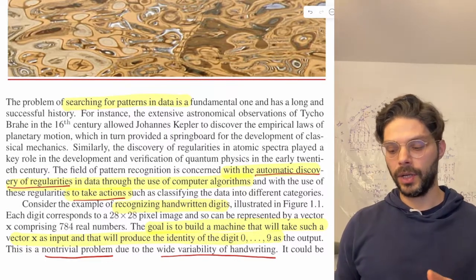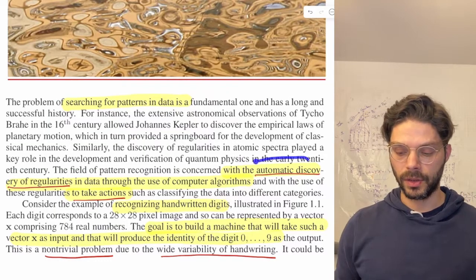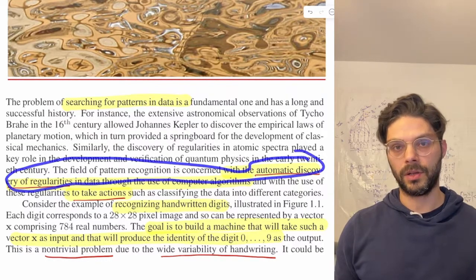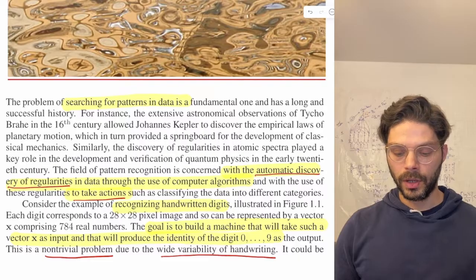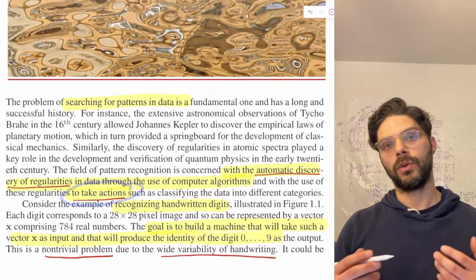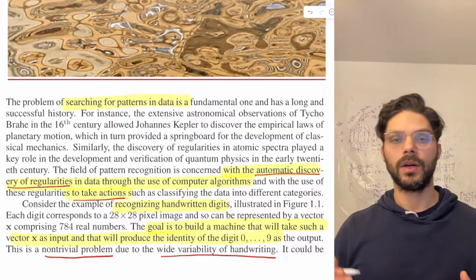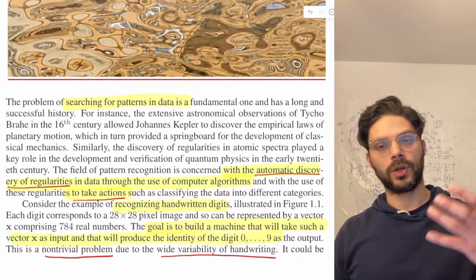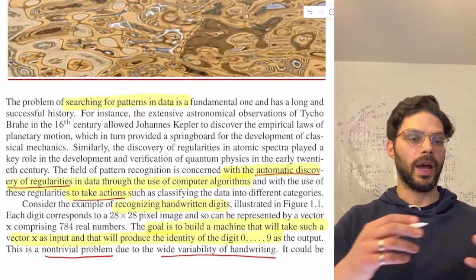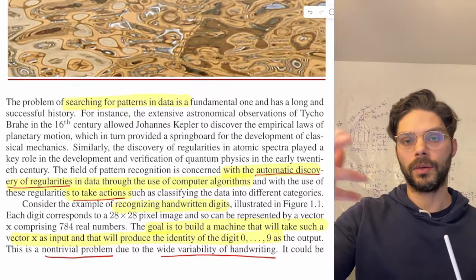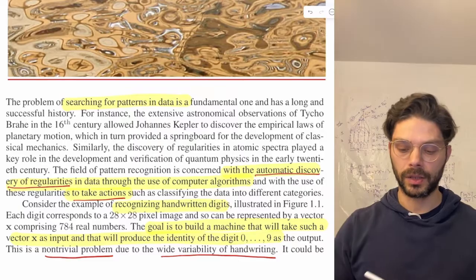Now, interestingly, and I really like that Bishop emphasizes this, we're going to be interested not just in discovering these regularities, but also in taking actions once we have these regularities. So once you discover these patterns in the data, what do you do with them? Should you classify this as a planet? Should you say that the planet is going to be in a particular place?